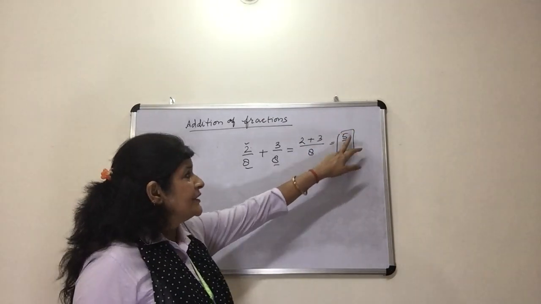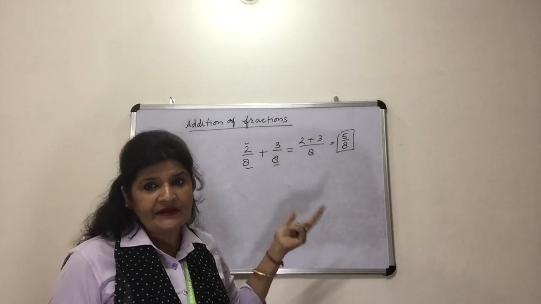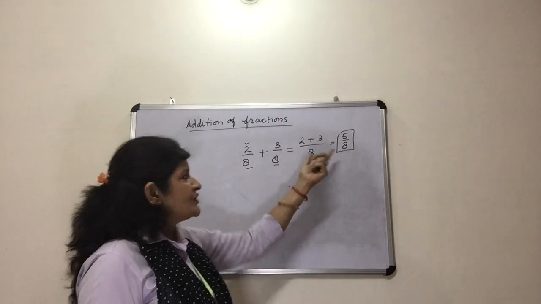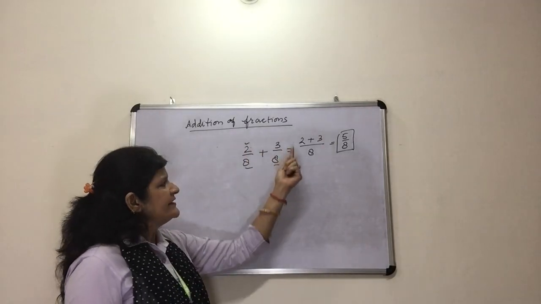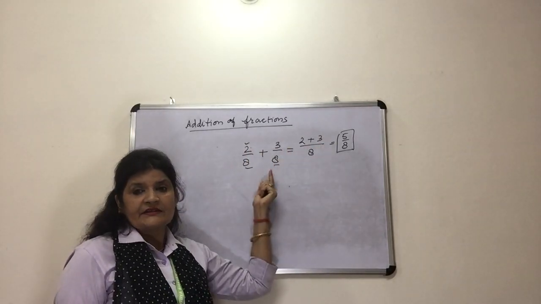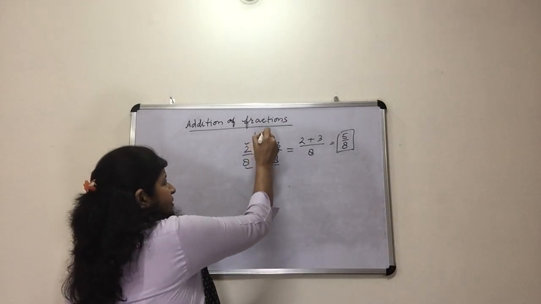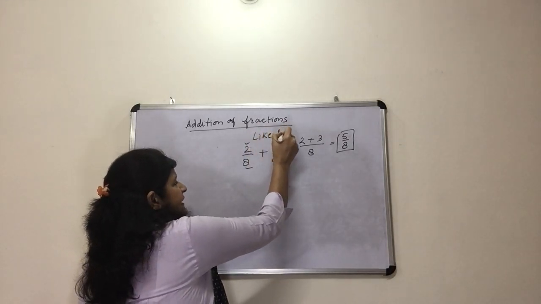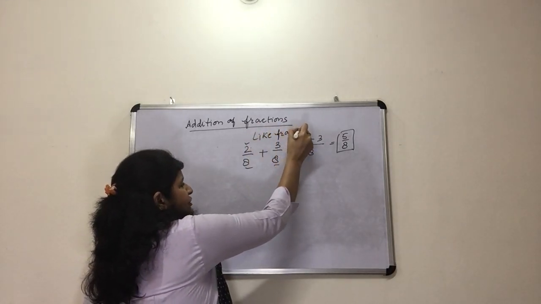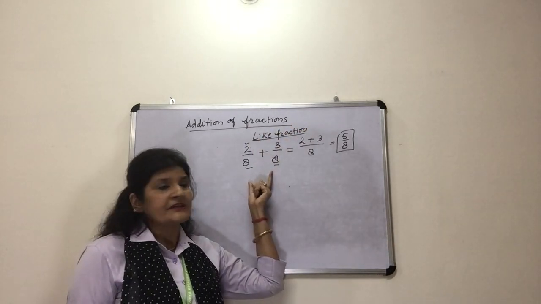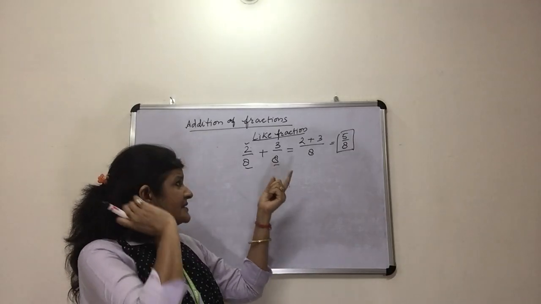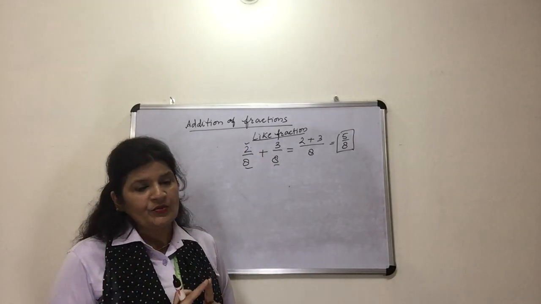The numerator is less than the denominator, so we got a proper fraction, right? If there is a proper fraction, no need to further divide it. When the denominators are same, there's no need to do anything else, just add the numerators.